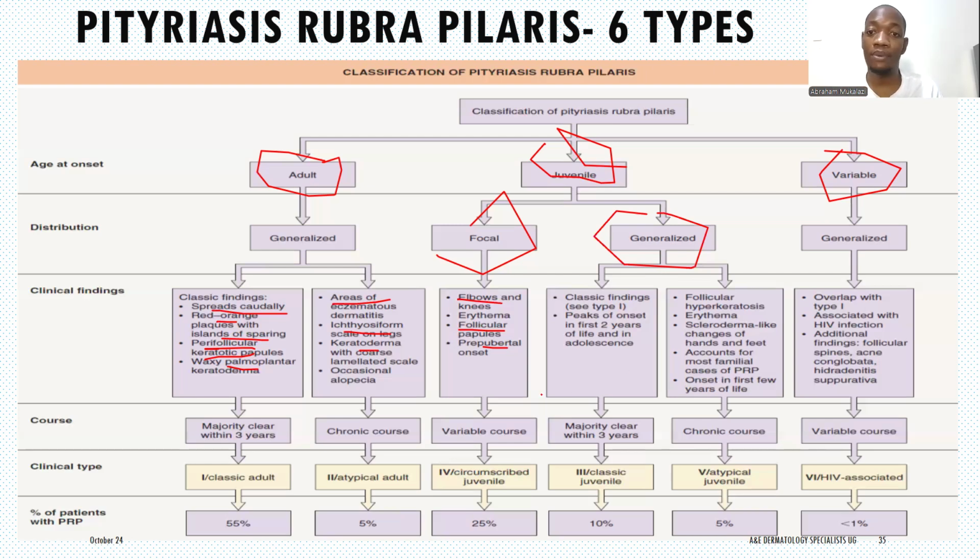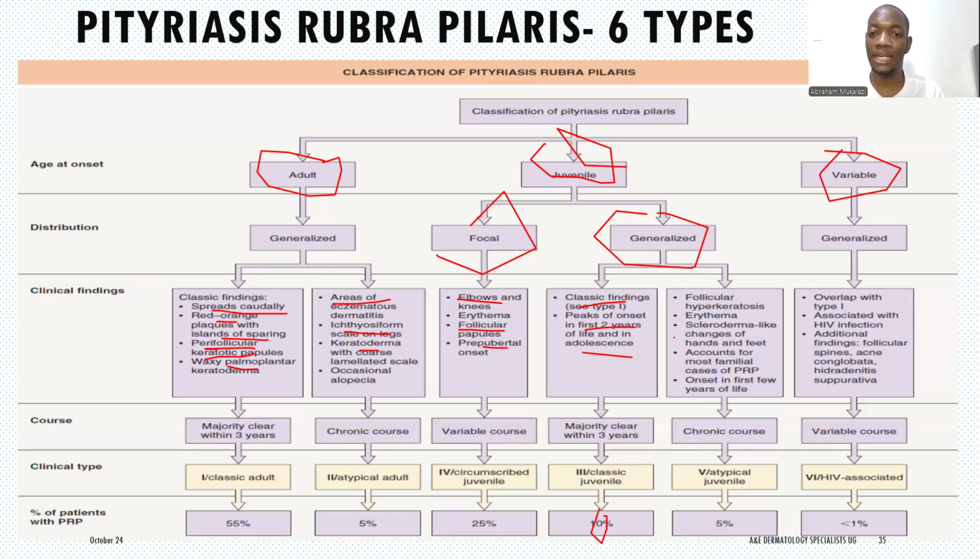The classical type under generalized will have classic features as we've seen in the adult, and it will usually peak around the first 2 years of life and also in adolescents. It will also take about 3 years and clear, just like the adult typical type, and this contributes about 10% of the total cases of PRP.